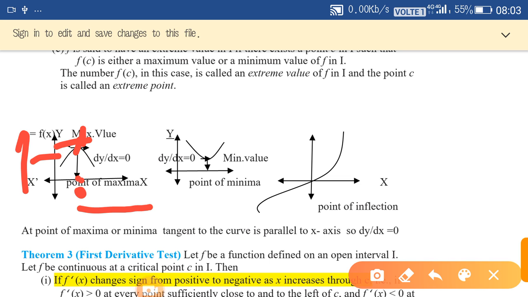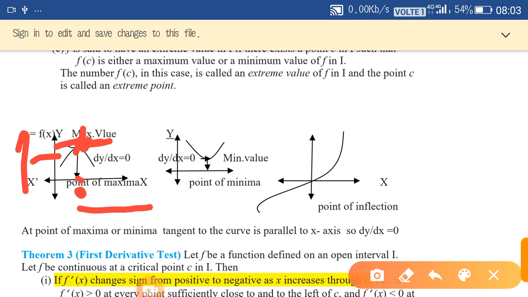At the point of maxima, where we have the maximum value, you see that the tangent at this point is parallel to the x-axis. So we can say that dy upon dx is 0 at the point of maxima.